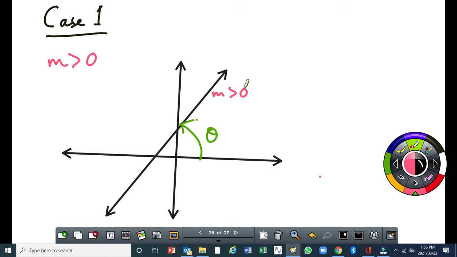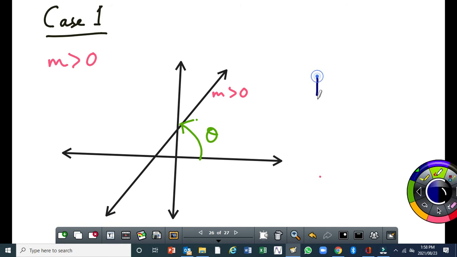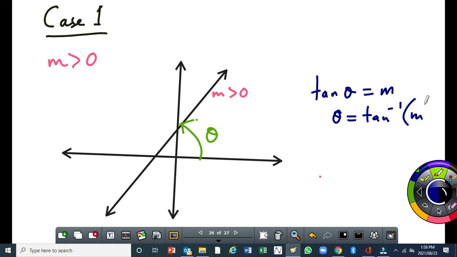Therefore, if we want to find the angle of inclination, we use this formula: tan theta is going to be equal to the gradient m. You need to remember this formula. Now we can simplify this and write theta equals shift tan of m.